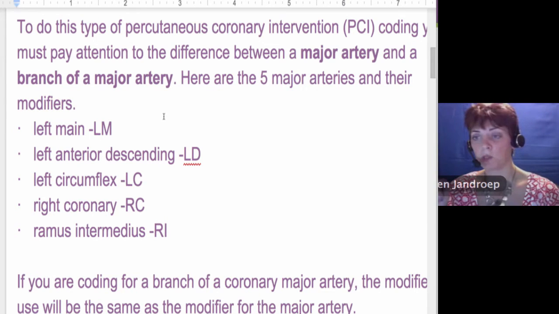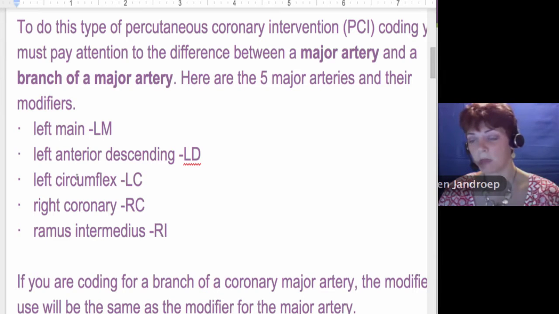That's normally the balloon thing where they put the balloon in deflated and they get it right in the middle of the plaque, and then they inflate it, and it squishes the plaque to the walls, and it opens up the pathway a little bit. So those are the three types of interventions that are typically done to these coronary vessels. So keep that in mind. These are the main vessels that, oh, there it is, ramus intermedius, that's the RI.